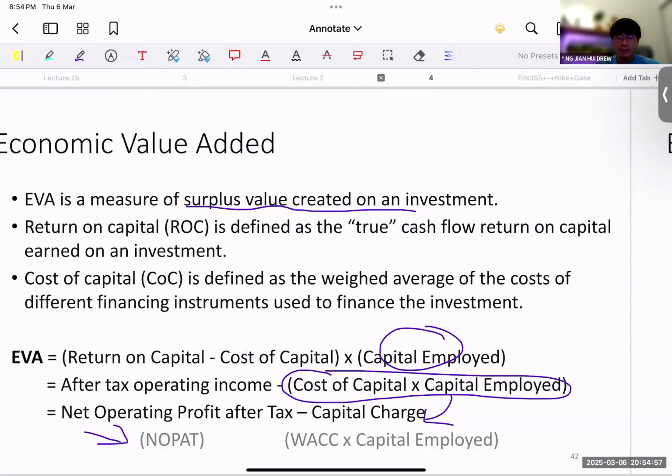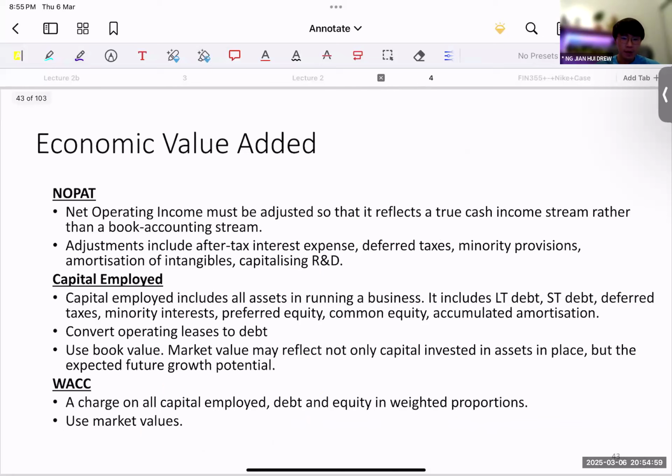Okay, so let's now ask the question: what is NOPAT? Like I said, there are a lot of adjustments you can do to get your NOPAT. One of them can be the tax, what you mentioned about levered and unlevered tax.